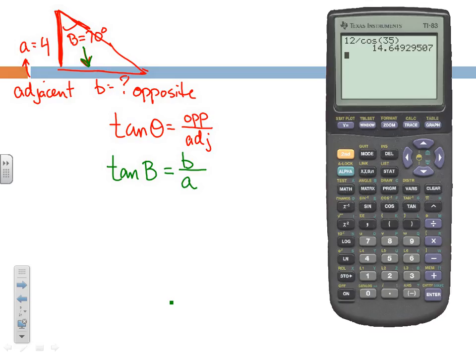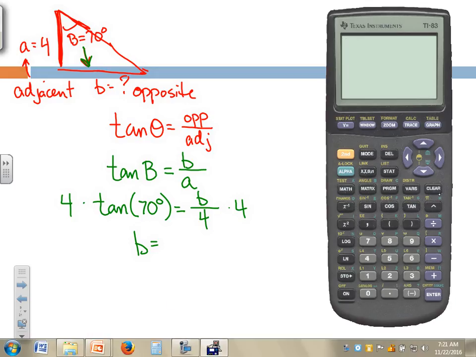So we have tangent of B is equal to side B over A. I have the tangent of my angle, 70 degrees, equals my unknown side B over my 4 right here. I can solve that by multiplying by 4 on both sides. So all I have to do is 4 tangent 70, and I get 10.99.